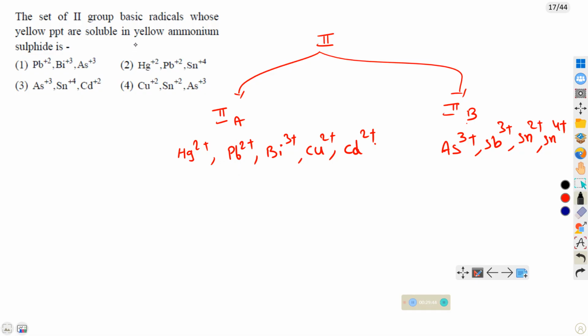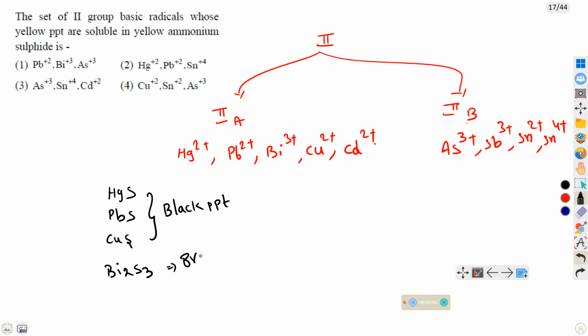The question is, whose yellow precipitates are soluble in yellow ammonium sulfide? Remember here: HgS, PbS, CuS, black precipitate. Bi2S3, brown black. Cadmium sulfide, again yellow precipitate.